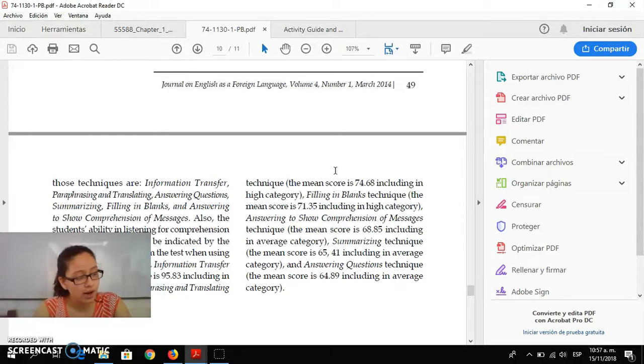Finally, I want to mention the type of approaches used in the article and how they are connected to a qualitative method.